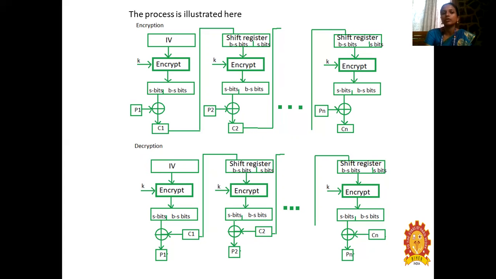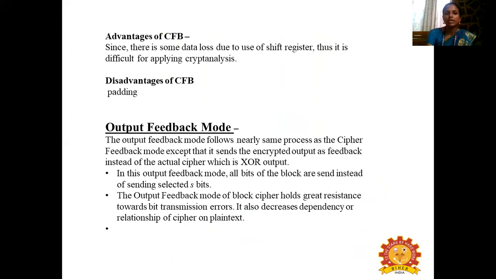We continue up to the first block itself. We have already studied that CFB is a stream cipher. Stream cipher means the text is divided into a stream of bits, and it performs operations on one stream and the output is transferred to another stream, right? Here we will see the advantages of CFB.